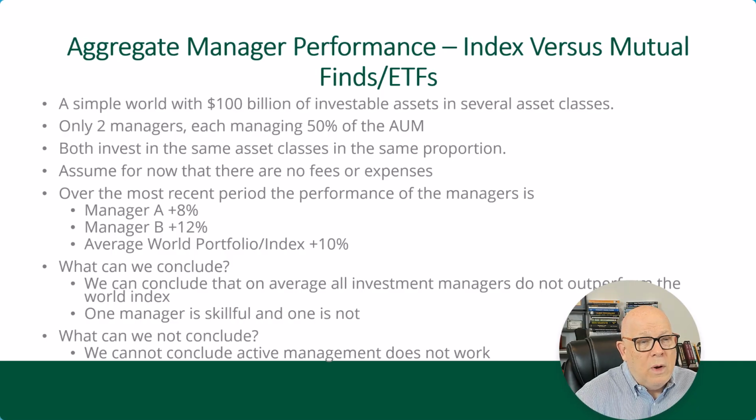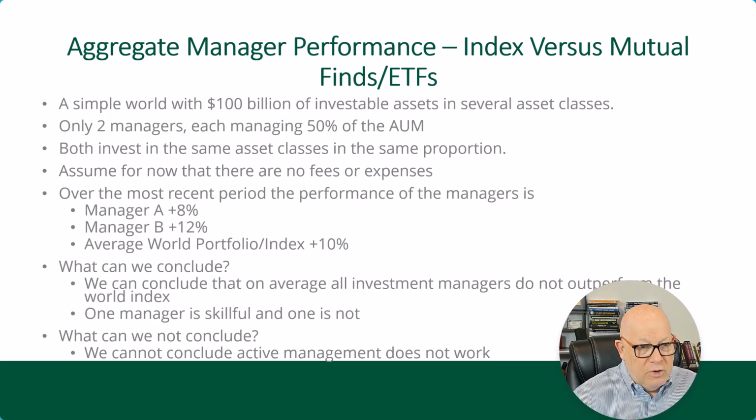Let's say that one of those managers earns 8%, and the other manager earns 12%. While they're investing in the same types of assets, they're not buying the same securities. One likes particular stocks better than the others, particular bonds better than the others. So one manager earns 8%, one manager earns 12%.